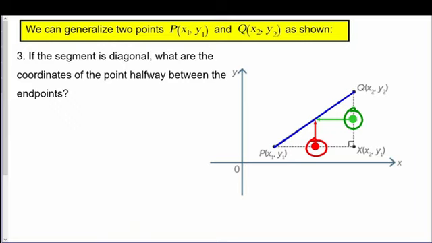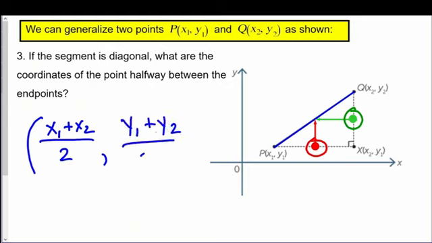To do that, we'll use the x coordinate, which was x1 plus x2 divided by 2, and the y coordinate of the vertical halfway point, y1 plus y2 divided by 2. So basically, we're averaging the two x and y values.